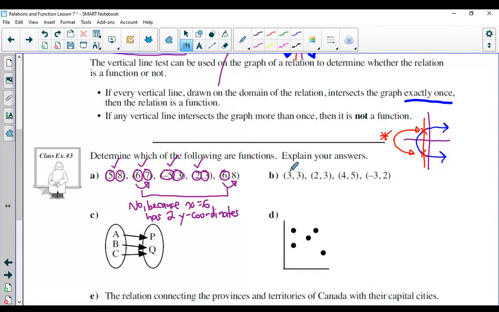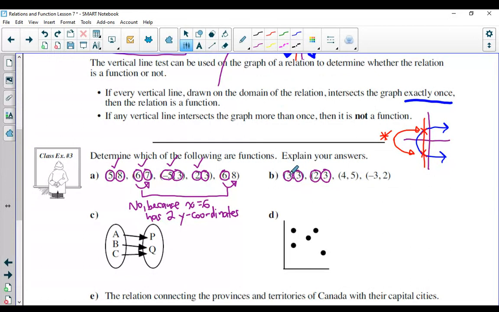How about this one? When x is 3, y is 3, no problem. When x is 2, it maps to 3. Again, that's not an issue either. I know the y coordinate repeats twice, but the key thing is that for each distinct x coordinate, it has a y coordinate. It doesn't matter what that y coordinate is.